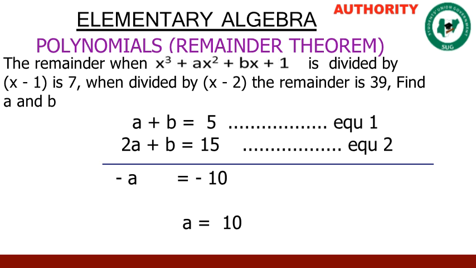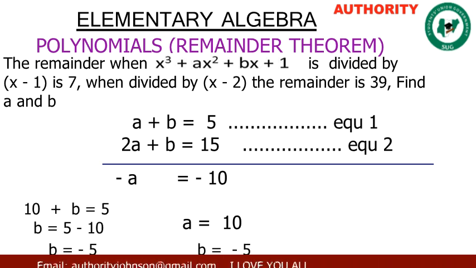Now let's pick any of our equations. It can be equation 1, it can be equation 2. Now let's solve for b. I decide to choose equation 1. In our equation 1, we have a plus b is equal to 5. But you remember we have just gotten a value for a, and the value for a is equal to 10.